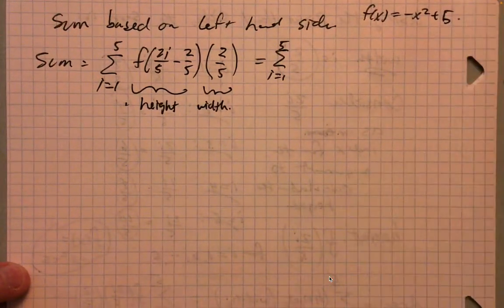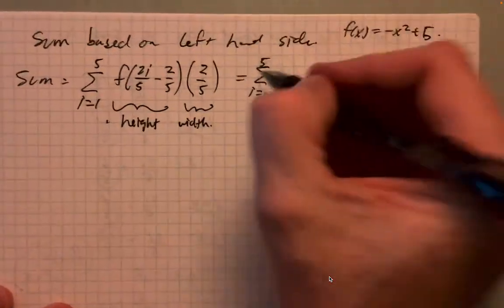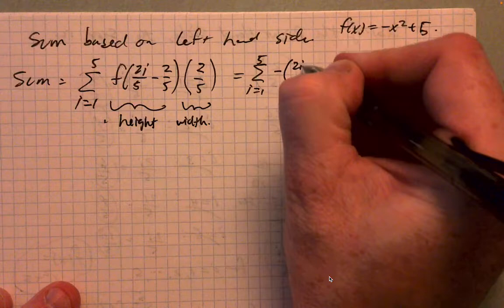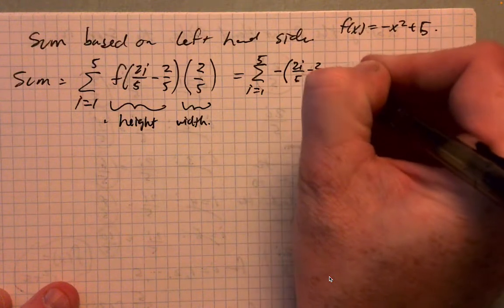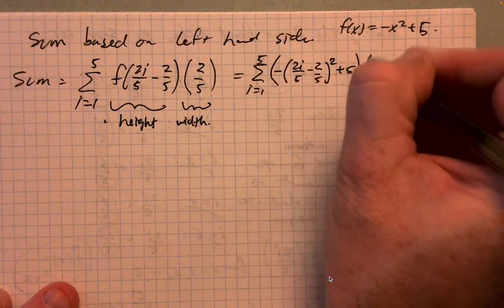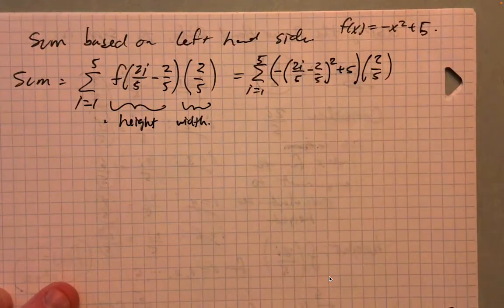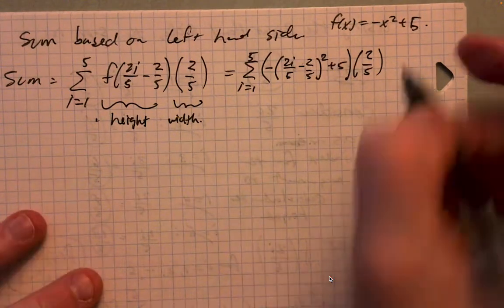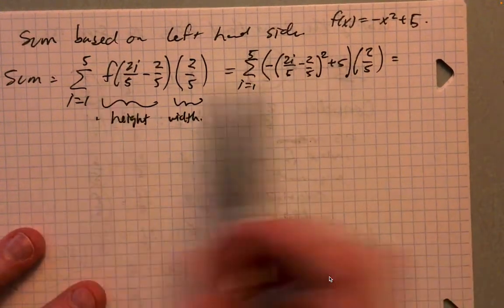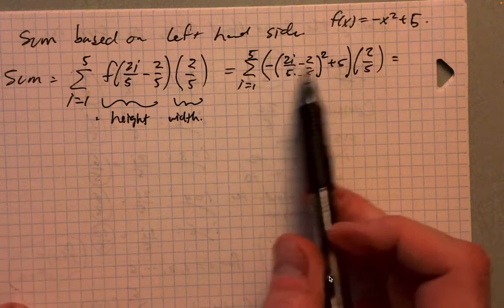And so this would become the sum of (negative (2i over 5 minus 2/5) squared plus 5) times 2/5.